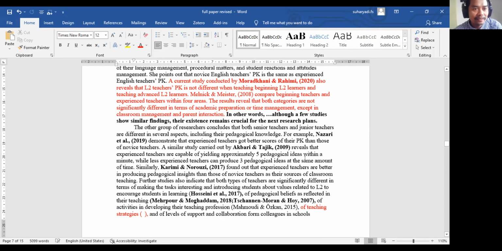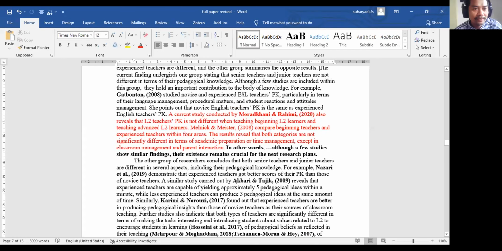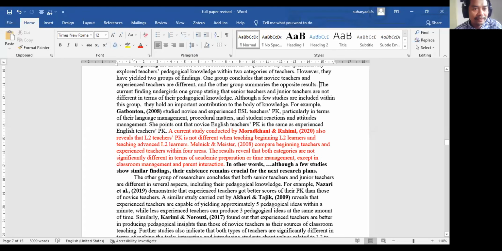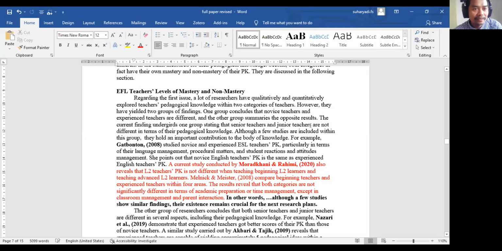I found a lot of articles discussing this. More articles have found this finding. But in the first group, not many. I just found 2 or 3 saying that novice teachers and experienced teachers are not different.